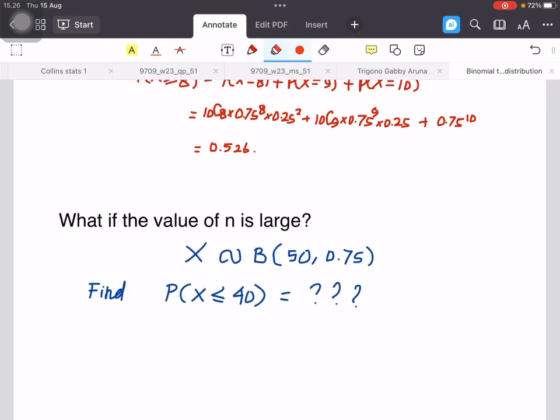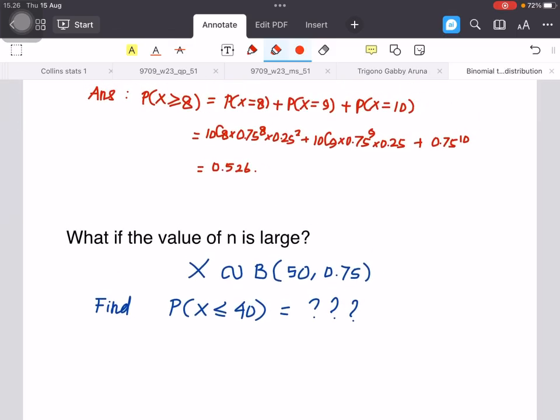If we do the same method as in the previous example, the calculation tends to be very long because you need to calculate x equals 0, 1, 2 up to 40. And it's going to be very time consuming.